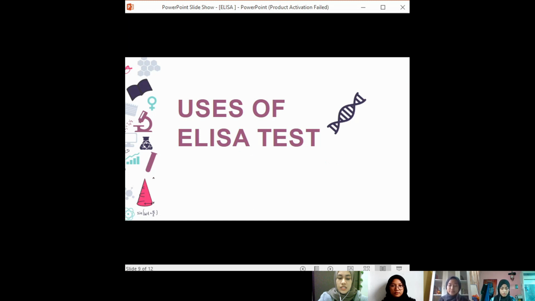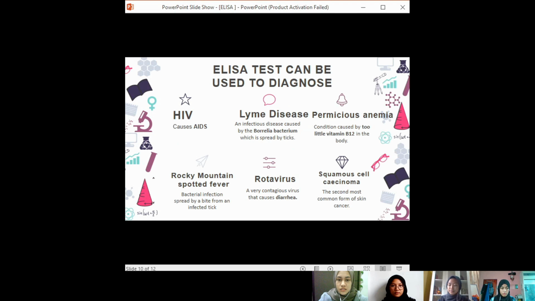Alright, now we will move to the uses of the ELISA test. The ELISA test can be used to diagnose several diseases, one of which is HIV. HIV causes AIDS. Next, Lyme disease. It is an infectious disease caused by Borrelia bacteria, spread by a tick bite.